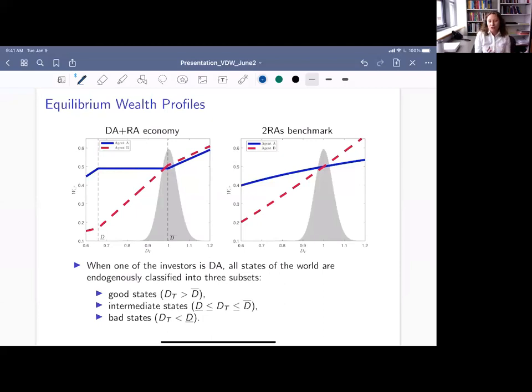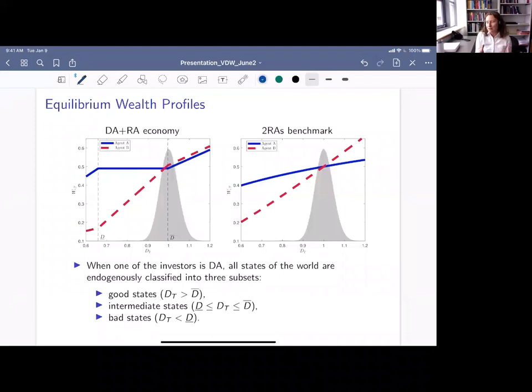This can only be achieved if the risk averse investor is willing to accept the wealth profile that pays the difference. Right now we are at the end of the model, at time capital T, so for the risk averse agent the profile in this middle region is just the difference between the terminal dividend and this theta. In the bad states, the wealth profile of the DA agent goes down.